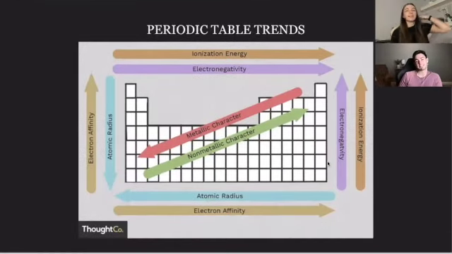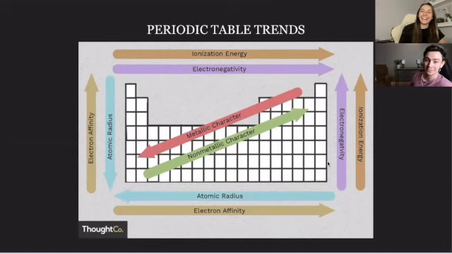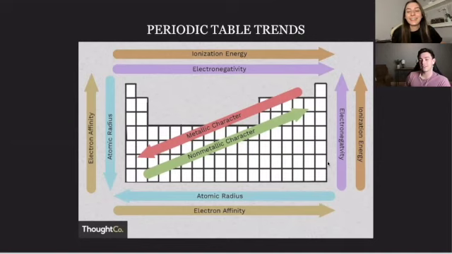There you go. All right, periodic table trends. So, in all honesty, the way that I did this is I just kind of learned what everything was, and then I memorized electronegativity and based everything off of electronegativity.